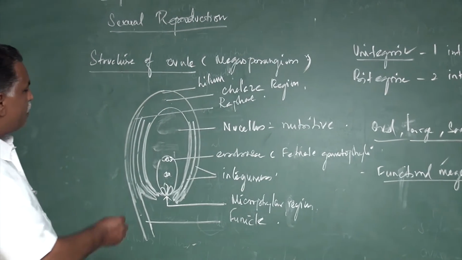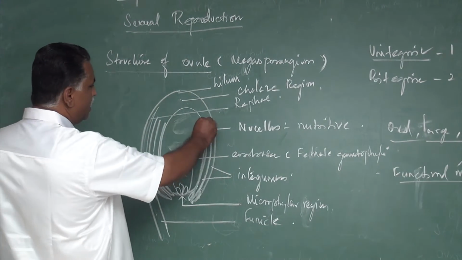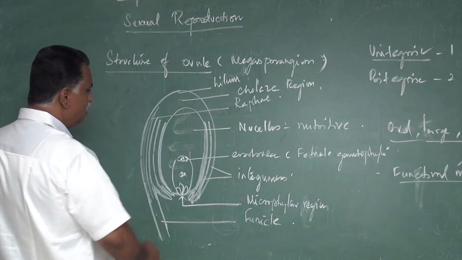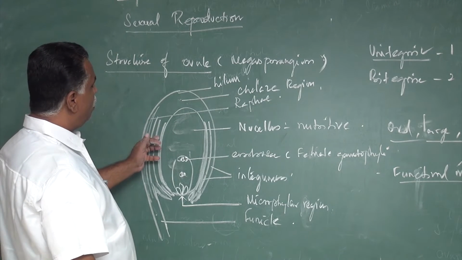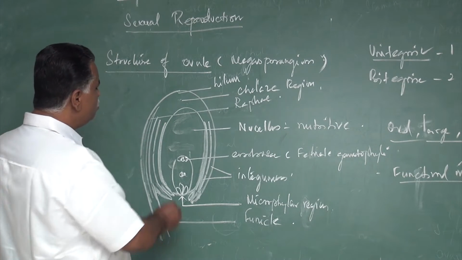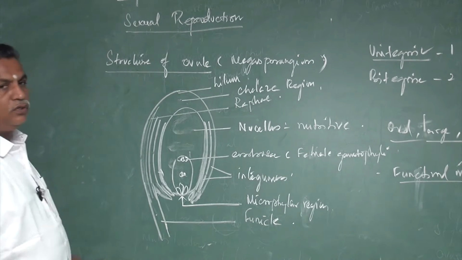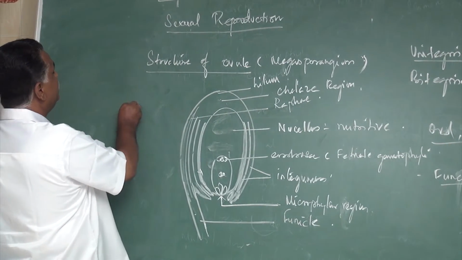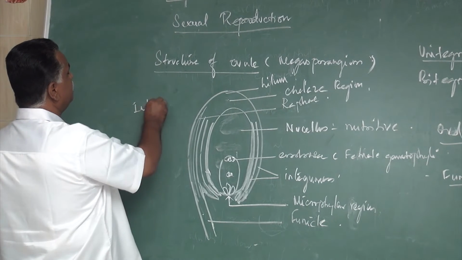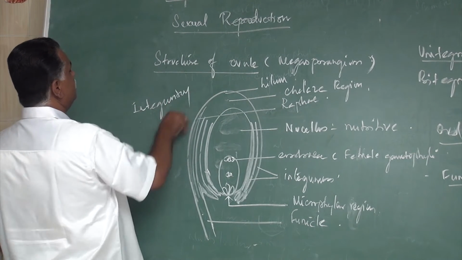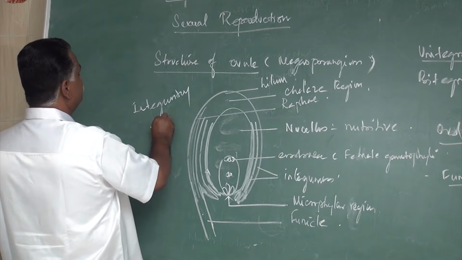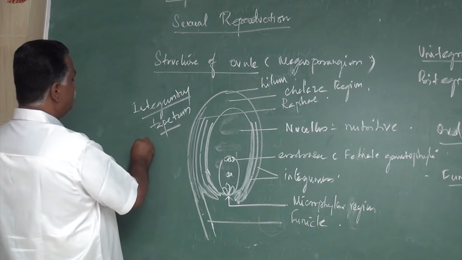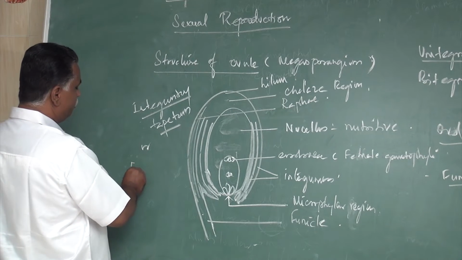In some cases, the inner layer of the integument, in addition to the nucellus, is also modified into a nutritive tissue. So the integument is converted into a nutritive tissue that is called integumentary tapetum or endothelium.